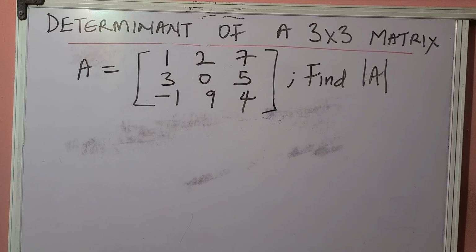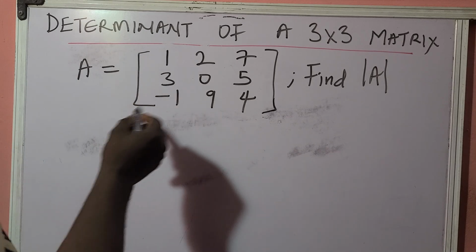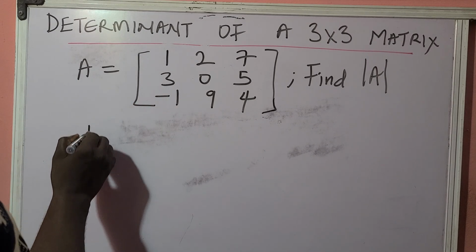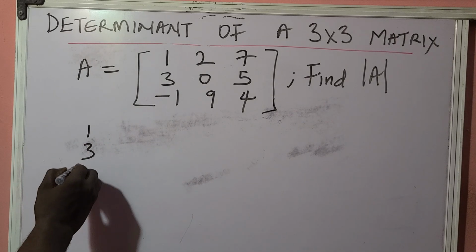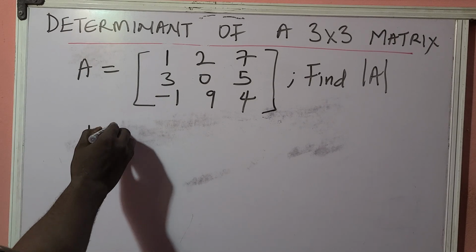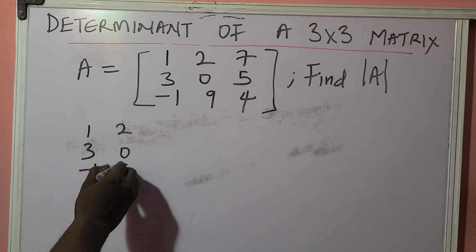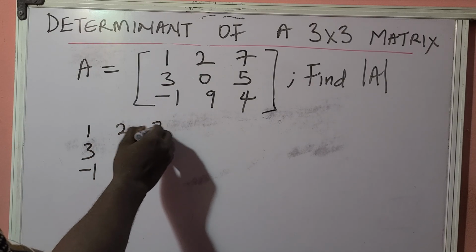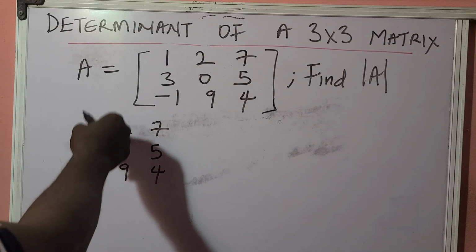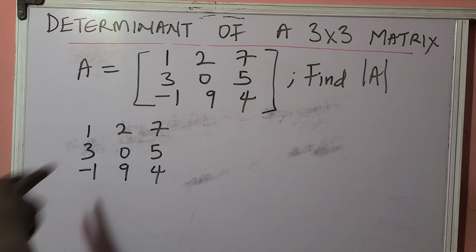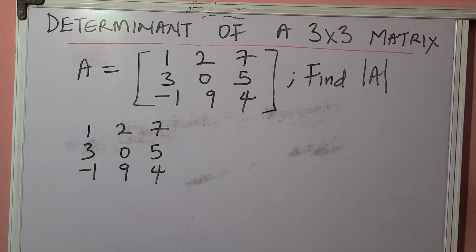All right, let's try and find the determinant of this matrix using the easy and simple, very fast way. The first step is for us to rewrite this matrix like this. Now the next thing to do is you duplicate column 1 and column 2.